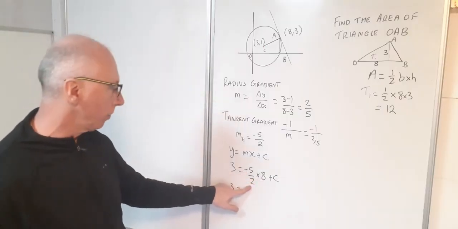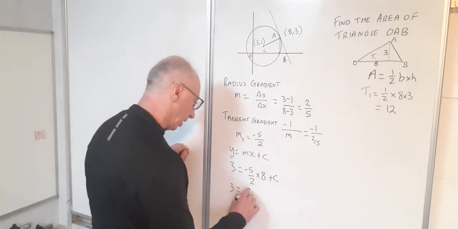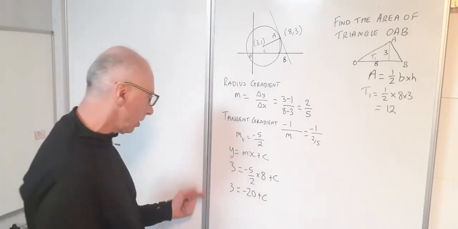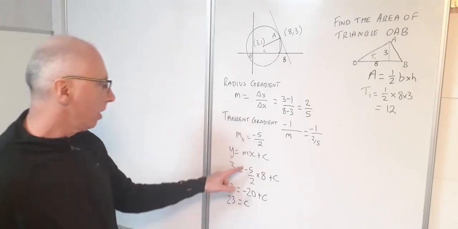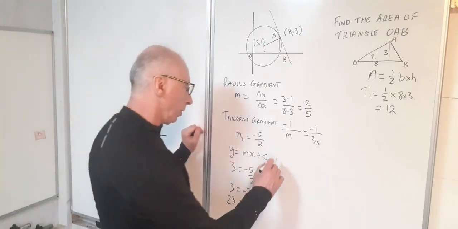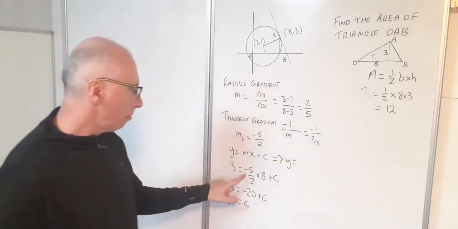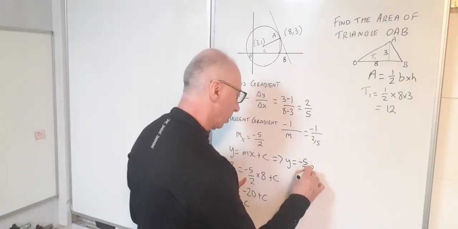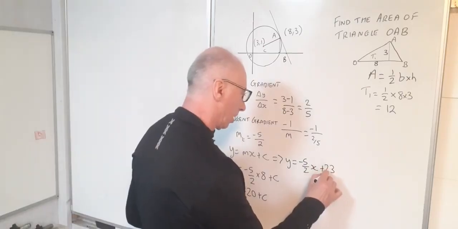Well, 8 over 2 is 4, and minus 5 times 4 is minus 20, then add c. Adding 20 to both sides, I get 23 equals c. So the equation of the tangent line is y equals minus 5 over 2 x plus 23.